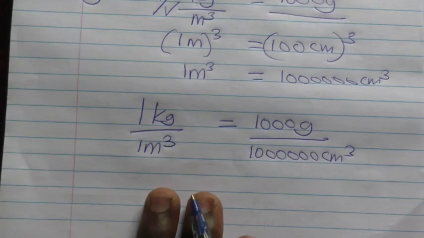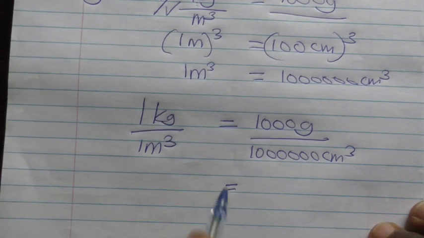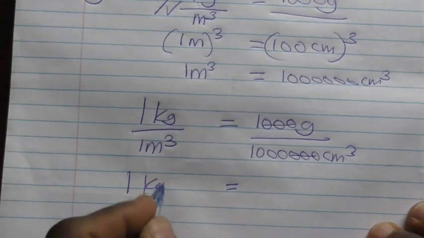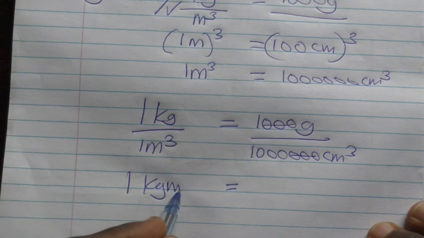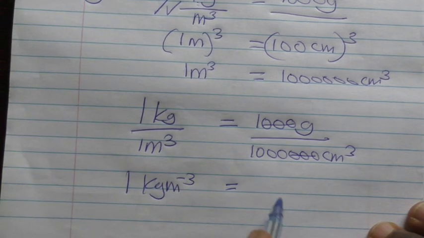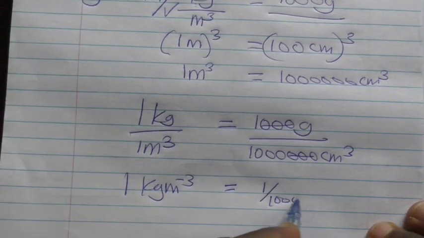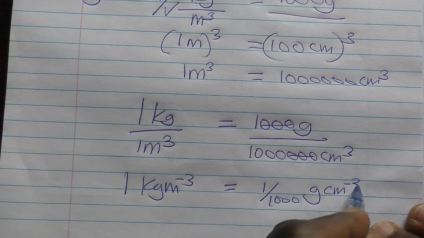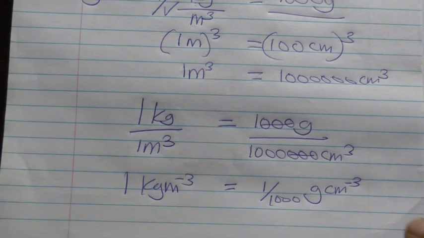And now when we reduce, that gives us 1 kilogram per meter cubed equaling 1 over 1,000 grams per centimeter cubed. So that means that 1 kilogram per meter cubed is equivalent to 1/1000 grams per centimeter cubed.